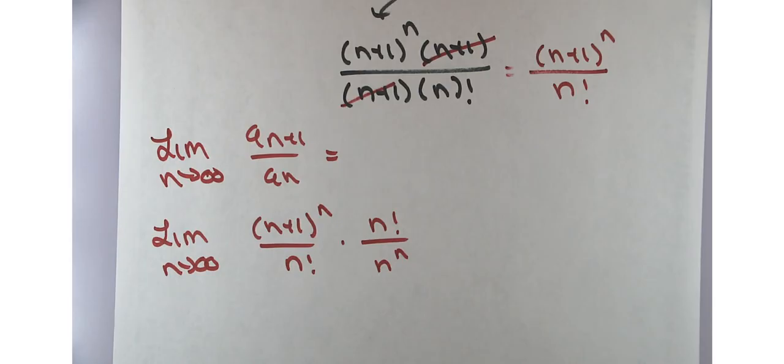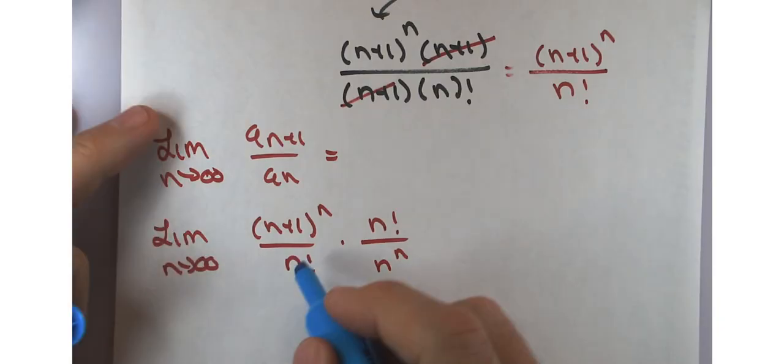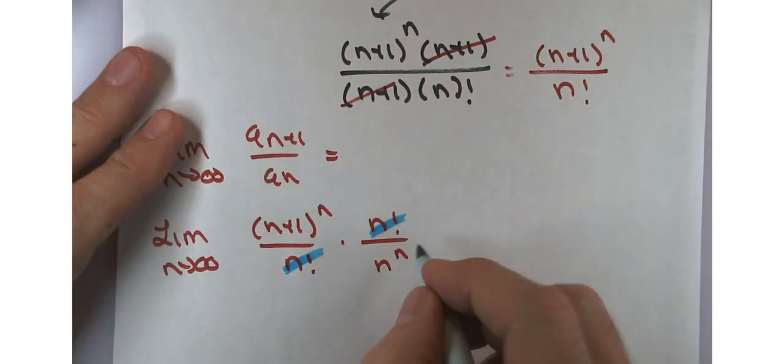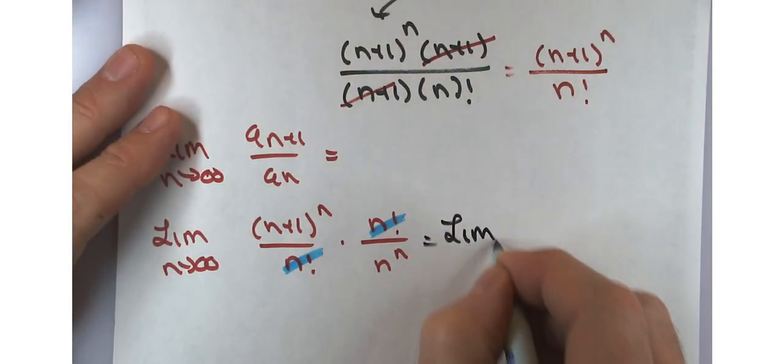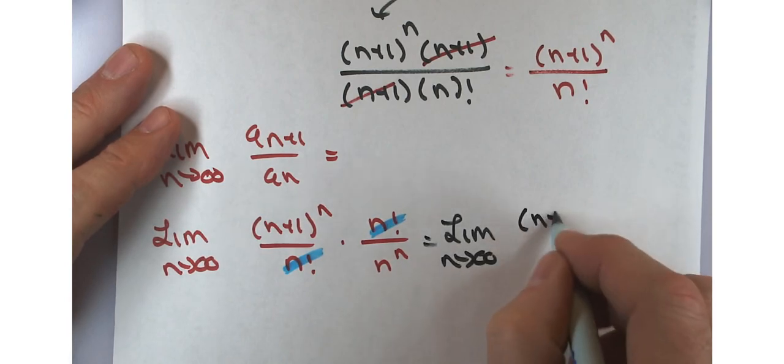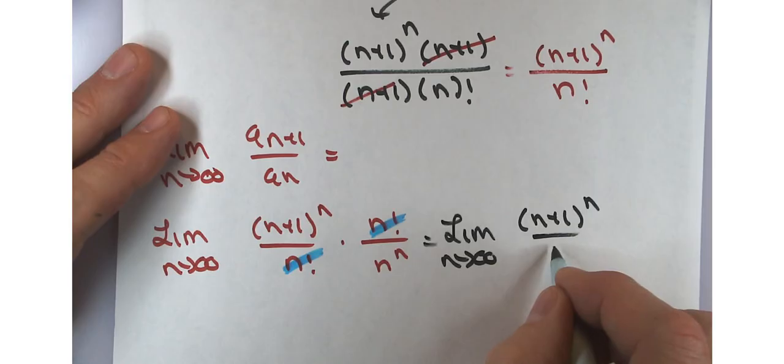Why? What was nice about that? Yeah, thanks, Syed. Those things cancel. You're left with the limit as n approaches infinity of n plus 1 to the nth over n to the nth.